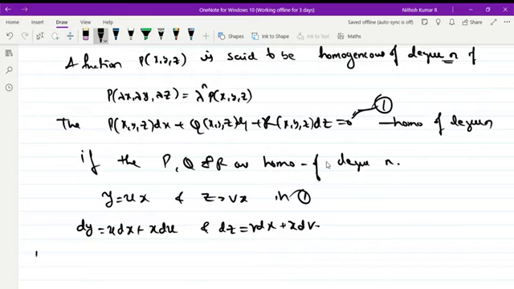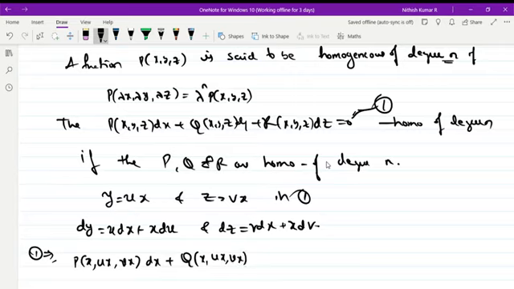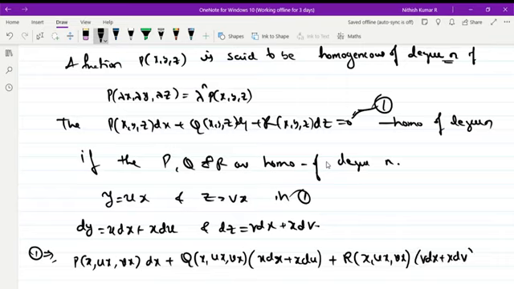So my equation 1 implies p of x comma ux comma vx dx plus q of x comma ux comma vx, and in the place of dy it is u dx plus x du, plus r of x comma ux comma vx, and in the place of dz it is v dx plus x dv, equal to 0.